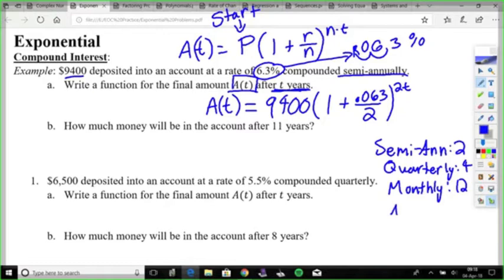And then there's also just annually, which means just once a year, which you don't typically see too much. But these are key phrases so that you know what the n value is going to be. Since it said semi-annually, I knew it was twice a year, so I knew n would be 2. If it says quarterly, that's 4 times a year, so n would be 4. Monthly would be 12 times a year, etc.